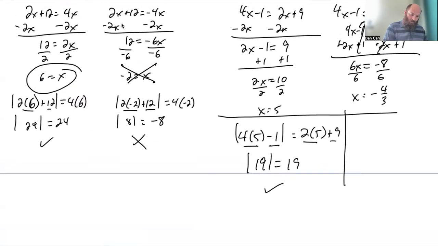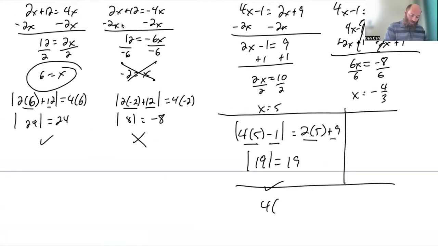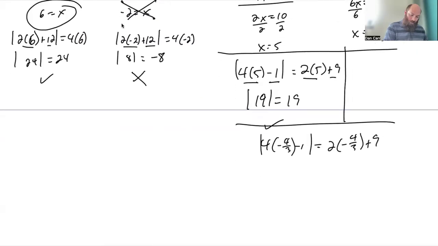Let's go over here. And let's just go a little bit lower. So then we have 4 times a negative 4/3 minus 1. Absolute value of that compared to 2 times a negative 4/3 plus 9. Okay, so if I do that, that's going to be a negative 16/3 minus 1 equals a negative 8/3 plus 9.